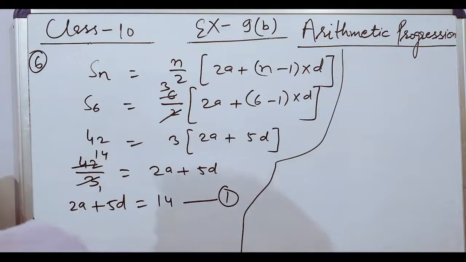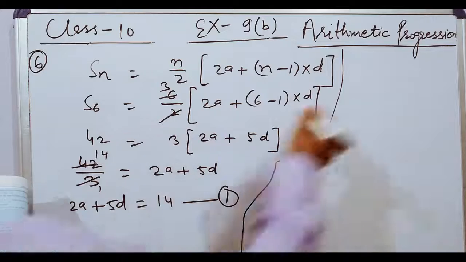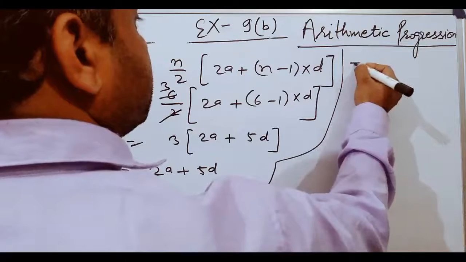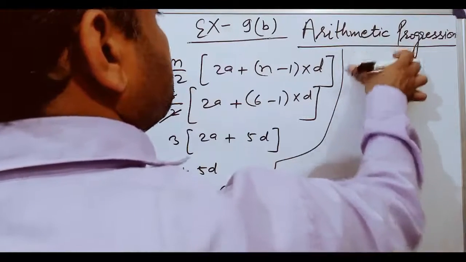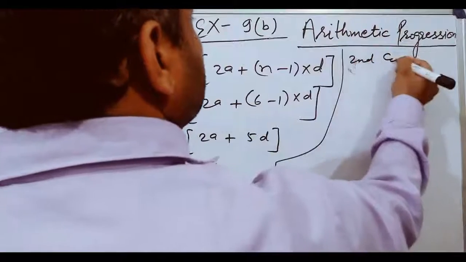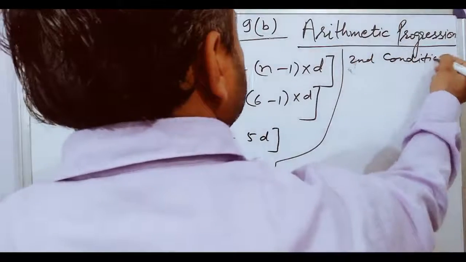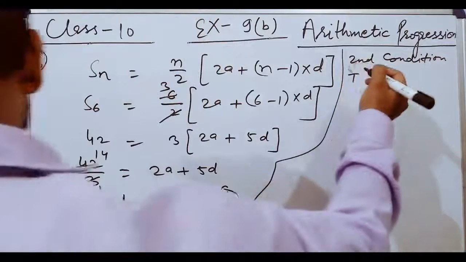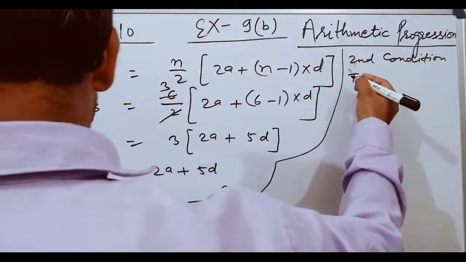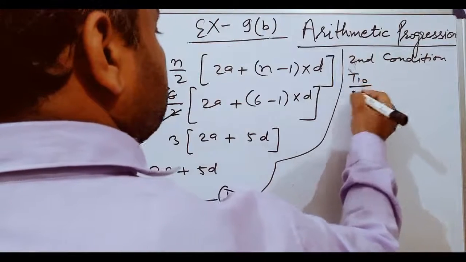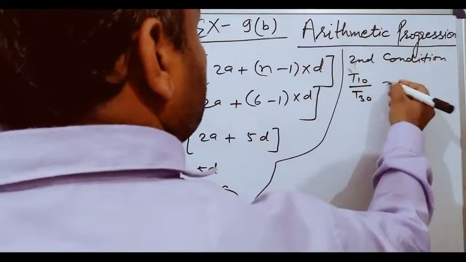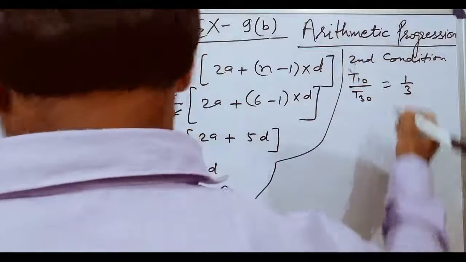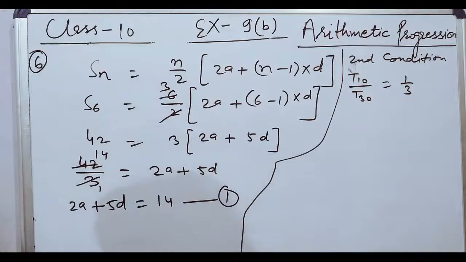Next, the second condition: the ratio of its 10th term to its 30th term equals 1:3, that means 1 upon 3.